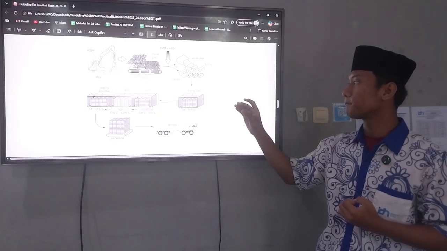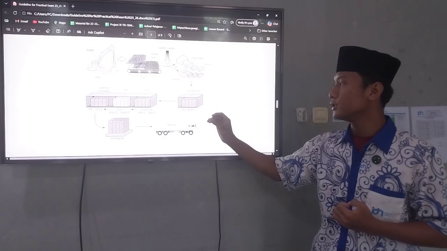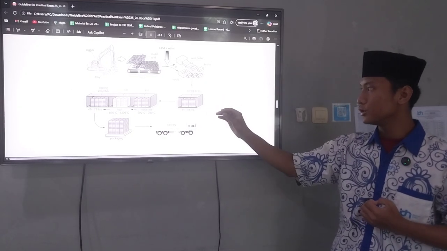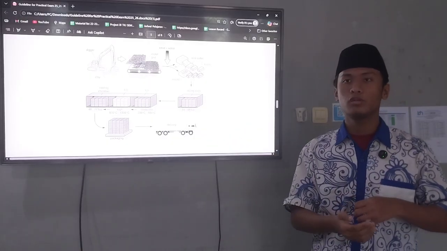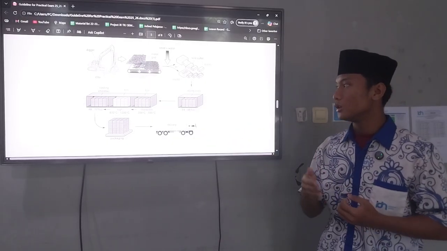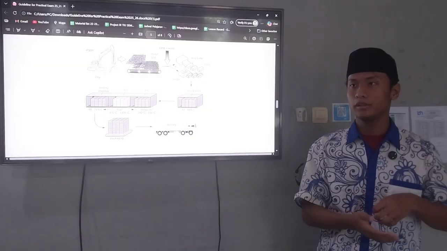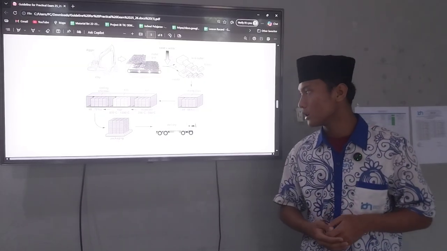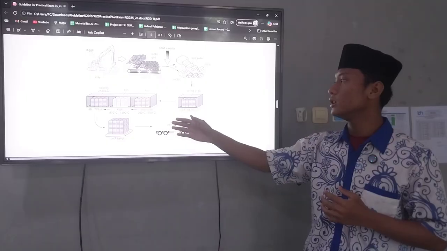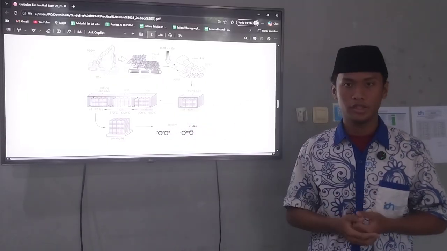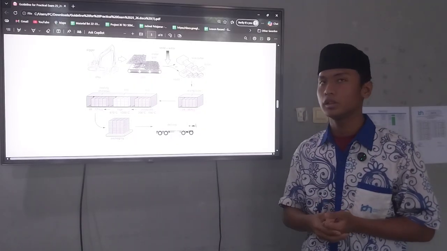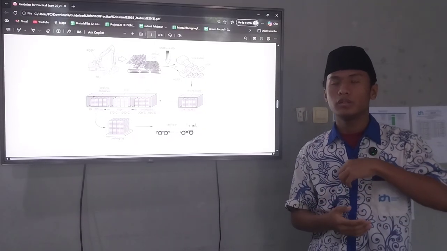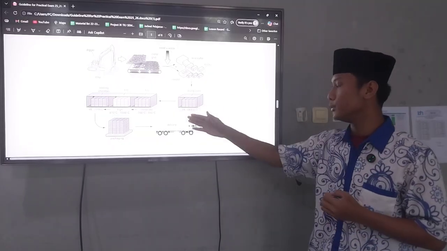Because of that, the brick must go to the cooling chamber, to cool the brick slowly. This cooling chamber takes 2 days up to 3 days. The function of the cooling chamber is to reduce the temperature inside of the brick.